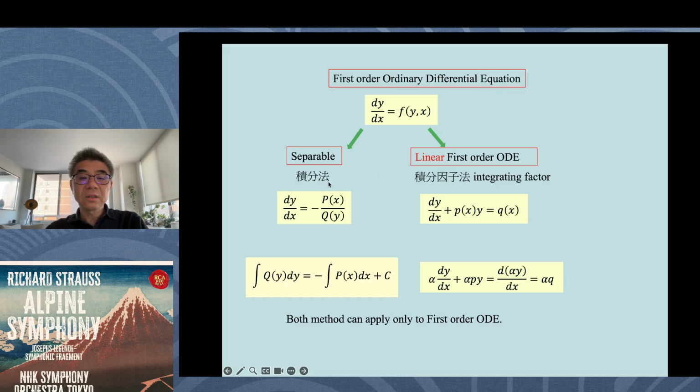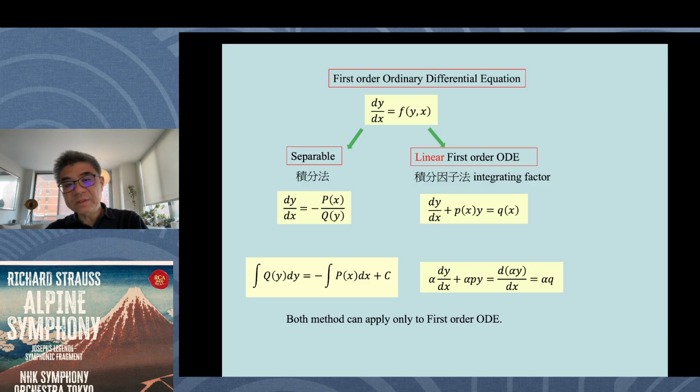And if you remember, both methods can only apply to first order ODE, because they depend on the left-hand side being dy/dx, so that you can move the factors over to the other side. So that's why these methods probably will not be very useful, because in physics, most differential equations are second order.